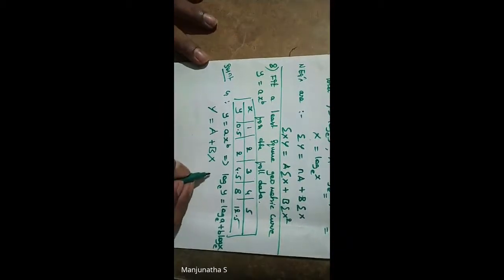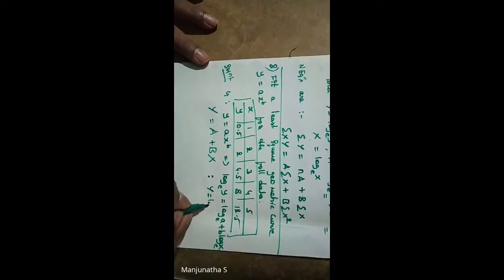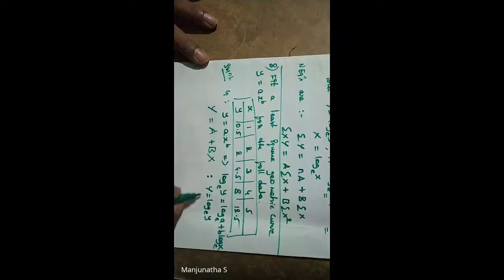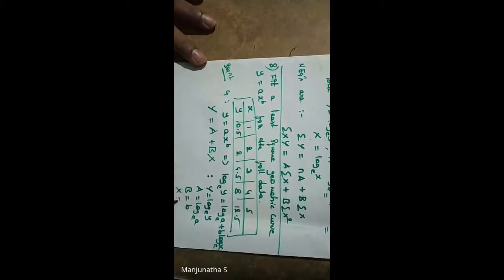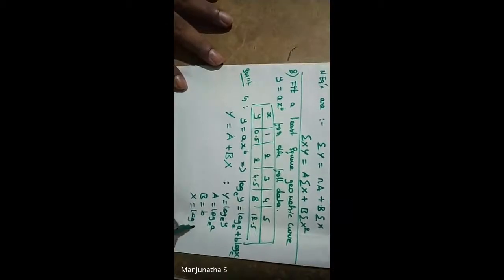Same thing I'm repeating as what I wrote above: capital A is equal to log a to the base e, capital B is equal to small b, and capital X is equal to log x to the base e. This you know already very well.